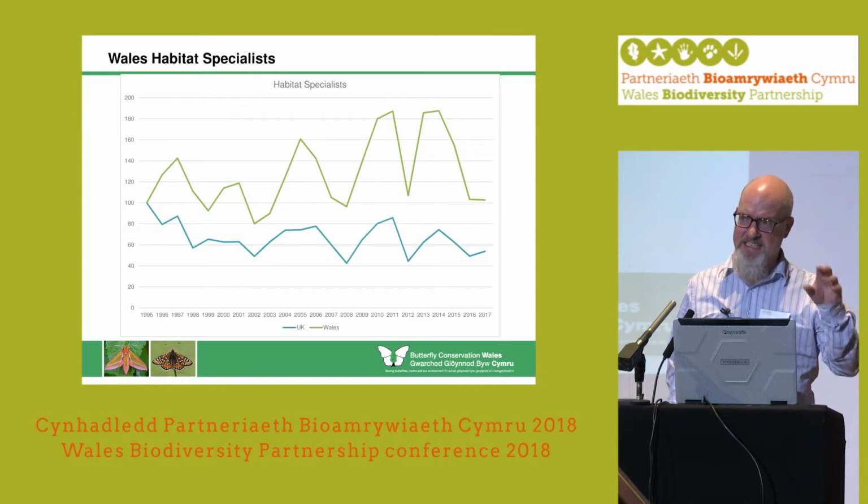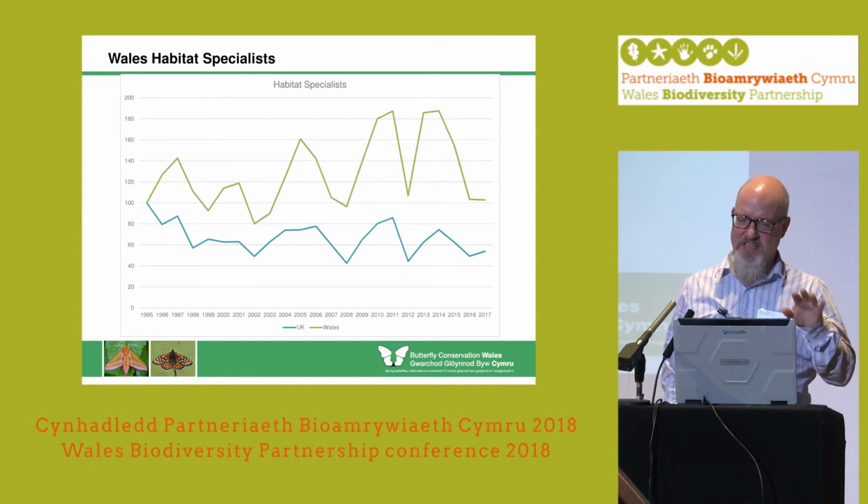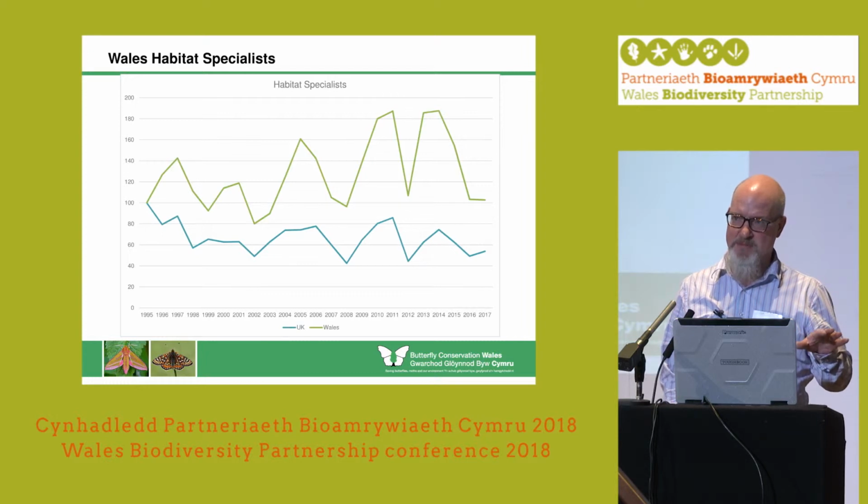And so what I'm going to present first is basically separating out the habitat specialists from the wider countryside or generalist species. The habitat specialists are those that generally have more precise habitat requirements, might only have one type of larval food plant, and have had historically a more restricted range anyway.